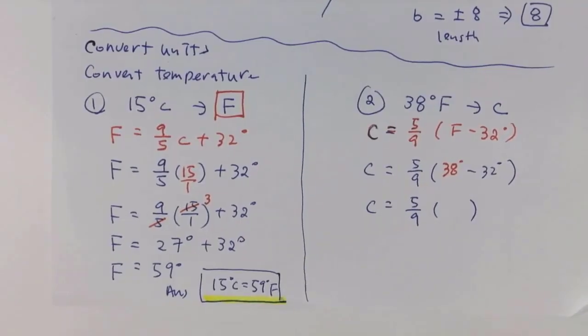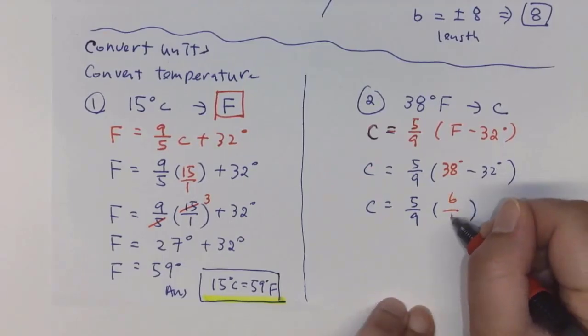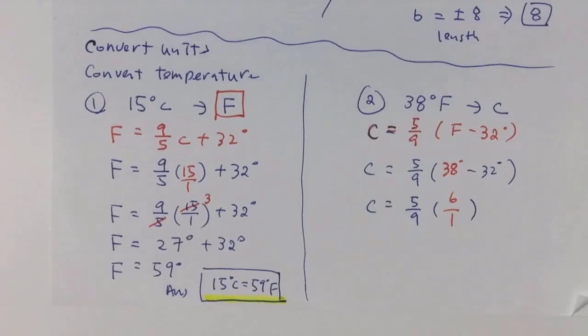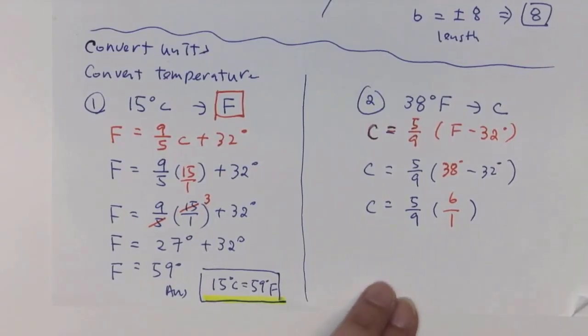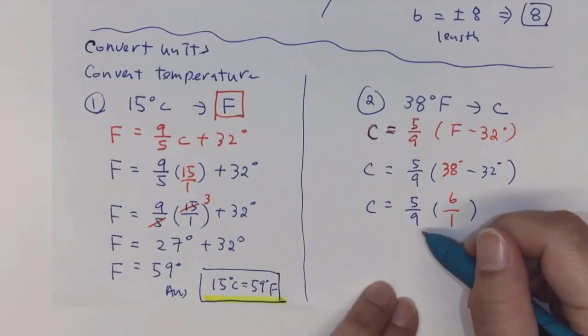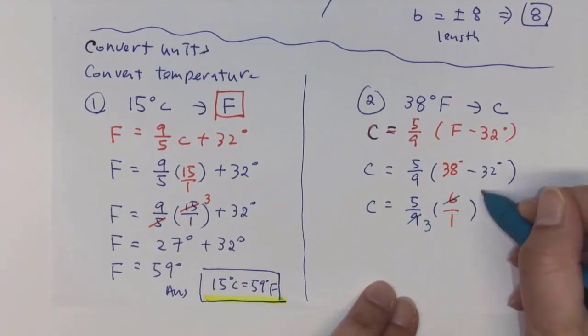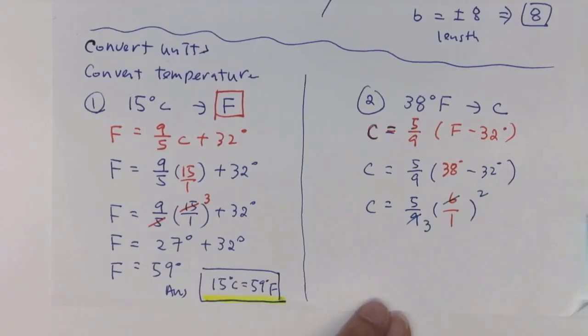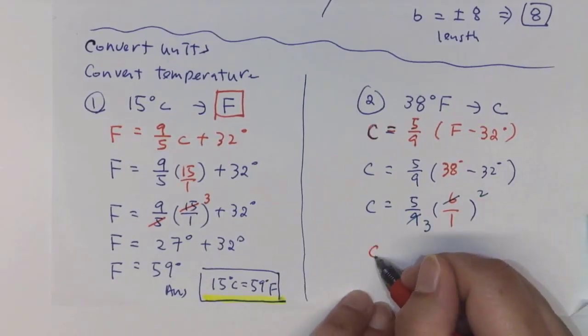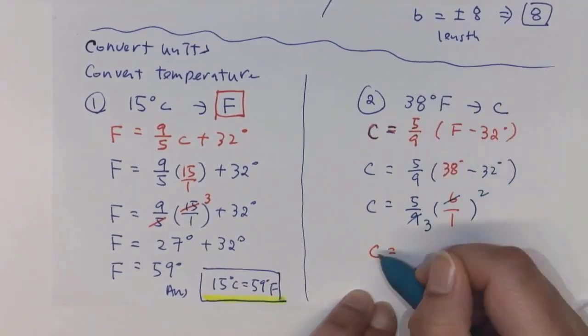38 subtract 32 will give me 6. Can I write 6 over 1? Is it okay? Okay. Anything we can reduce? 9 with 6 by 3. Okay, 3 times 3 and 3 times 2. So at the bottom we have 3.